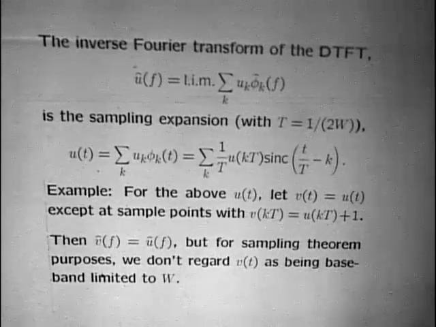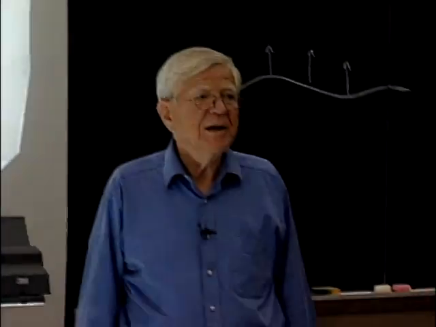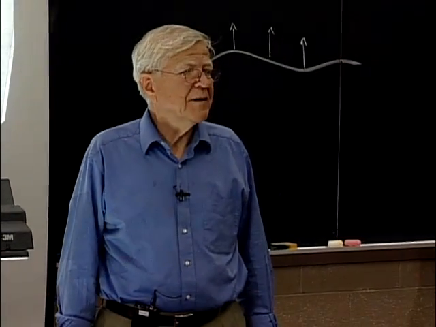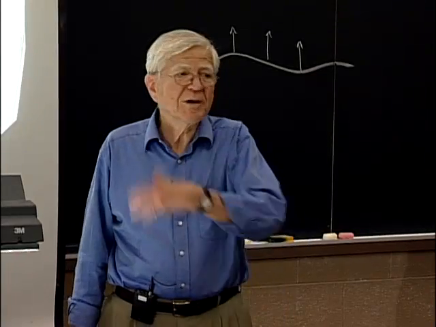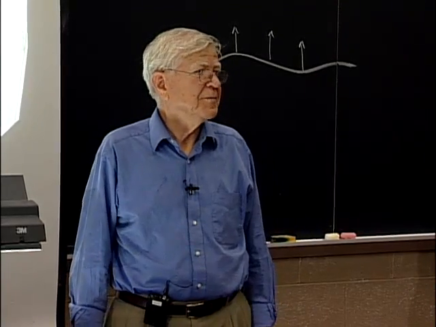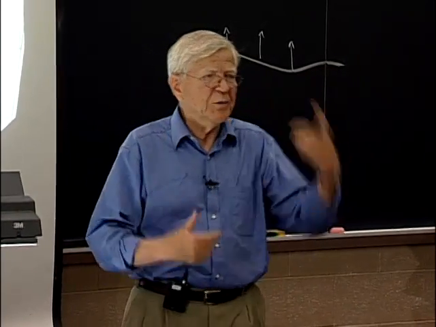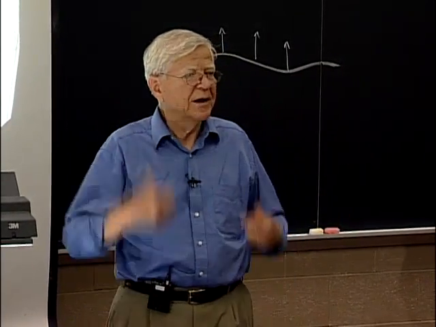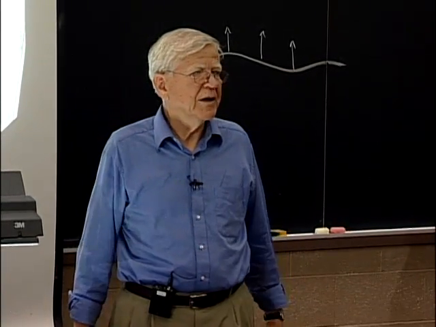So what do we do about this? Well, the easiest thing to do about it is to change what we mean by baseband limited to what you would have meant if we hadn't gone through all of this mathematics. Okay, in other words, the Fourier transform cuts both ways. u of t has a Fourier transform, u hat of f. u hat of f has an inverse transform, u of t.